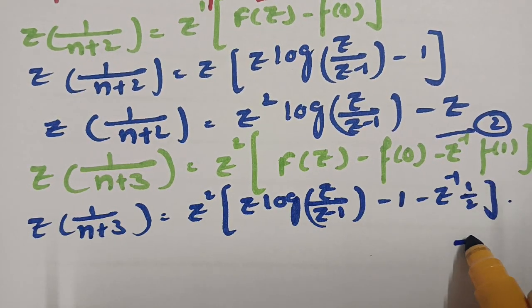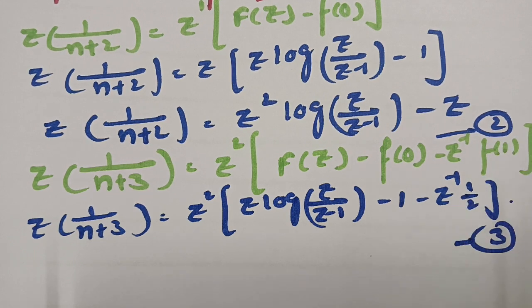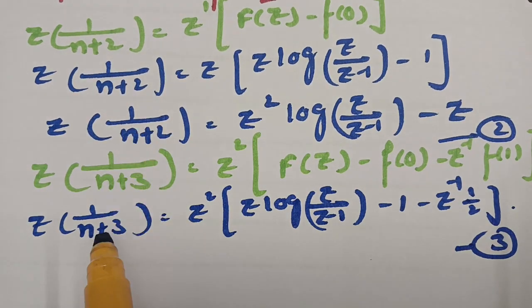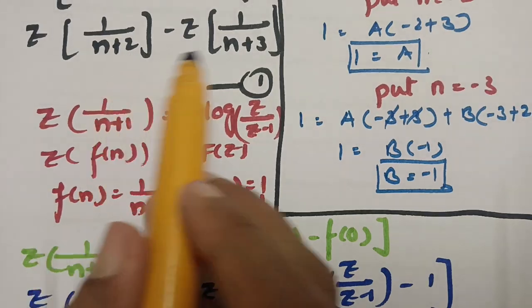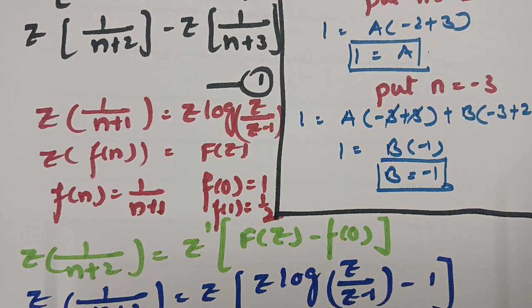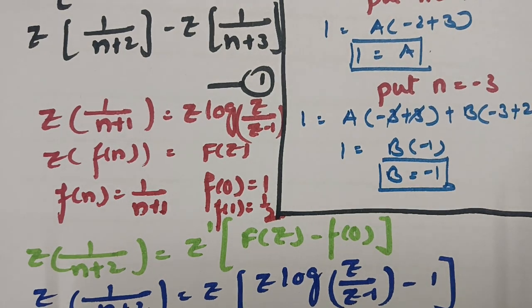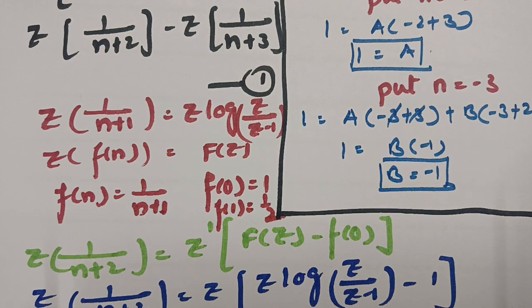Now this is the third value. So if I substitute n plus 2 and n plus 3 in our first equation, what is our first equation? That is the z transform of 1 by n plus 2 minus the z transform of 1 by n plus 3.